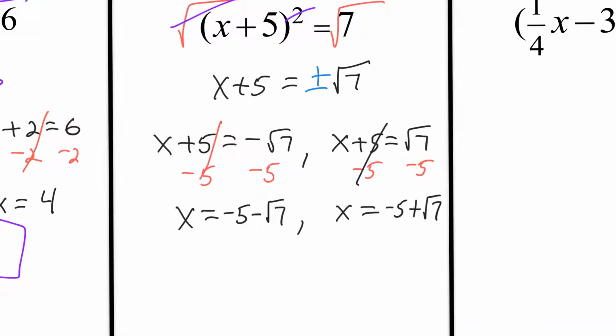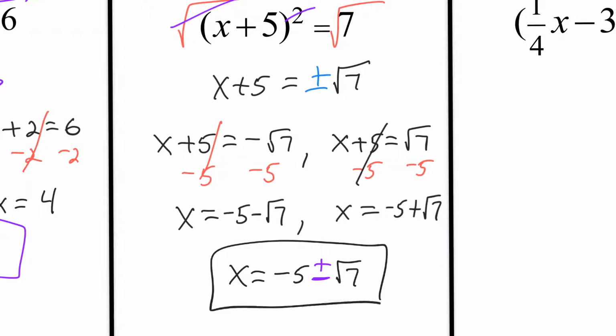Now, there's one more step you can do. Since we do not have decimals, and we just have the exact answer in radical form, notice the two are very alike. There's just one thing different, the minus and the plus. So you can rewrite your answer as negative 5 plus or minus, notice I'm using the two signs at the same time, the square root of 7.